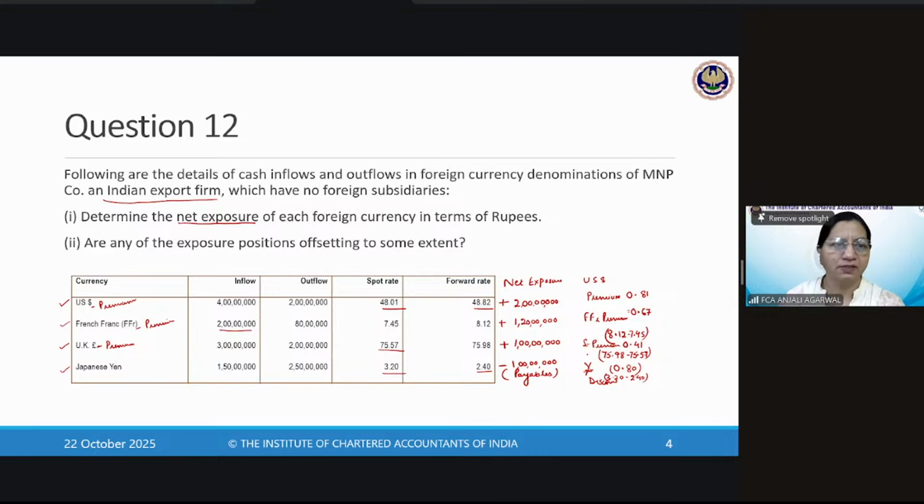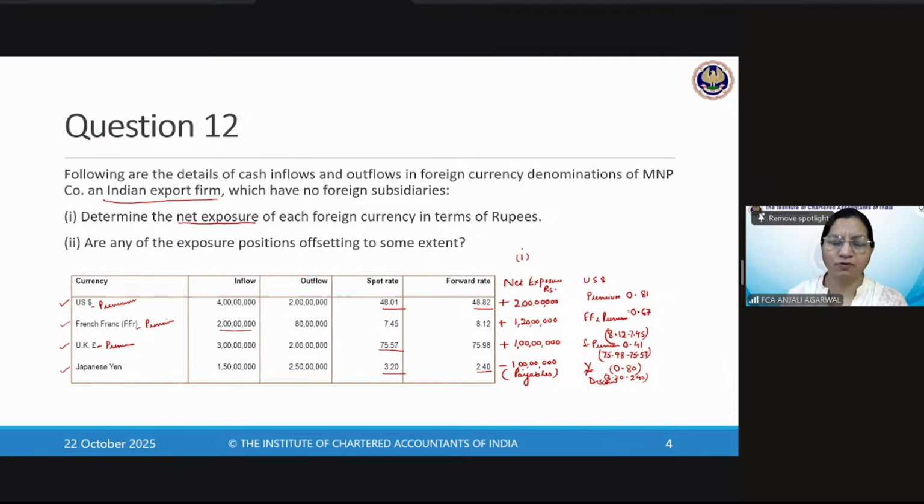Right? So this is the question. So the first question was determine the net exposure for each foreign currency in terms of rupees. So this is the part of first answer. Your net exposure is rupee 2 crores receivables, rupees 1.2 crores receivables, rupees 1 crore receivables, and finally the Japanese yen, rupee 1 crore payables. Okay. And then you have to see, are any of the exposure positions offsetting to some extent? Yes. Why? Because the receivables are at premium and the payables is at discount.